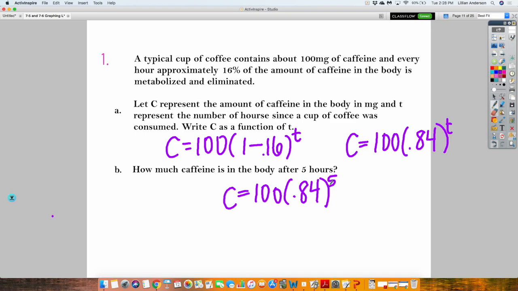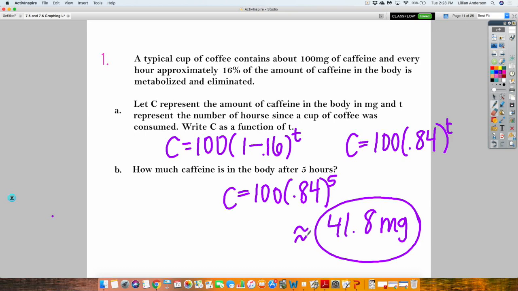What did you guys get? 41.82. Now, how should we round? 3 significant figures. So it's going to be 41.8 milligrams, because this is a word problem, so we need to make sure that we include our units.